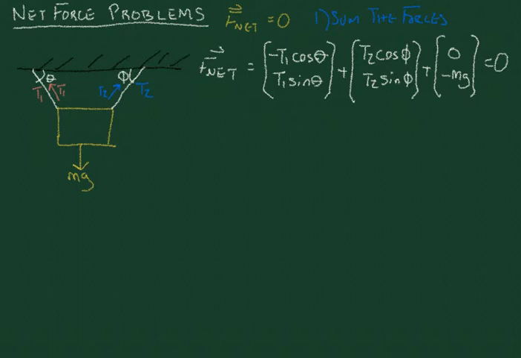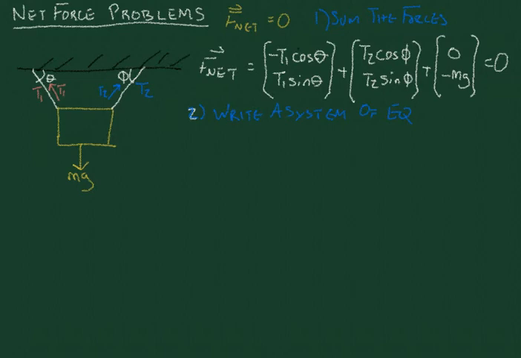Okay? So then the second step would be to write a system of equations. Okay, so we have the net force equation, and now we can solve for the x components and the y components separately.